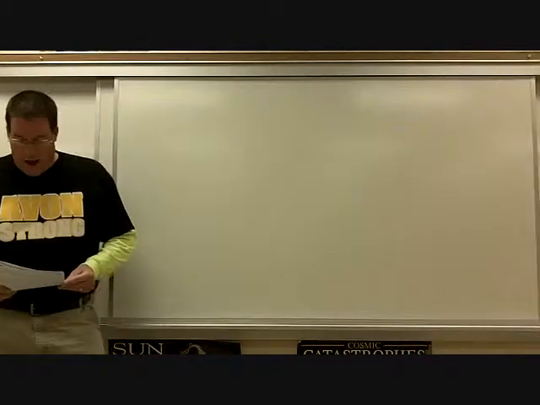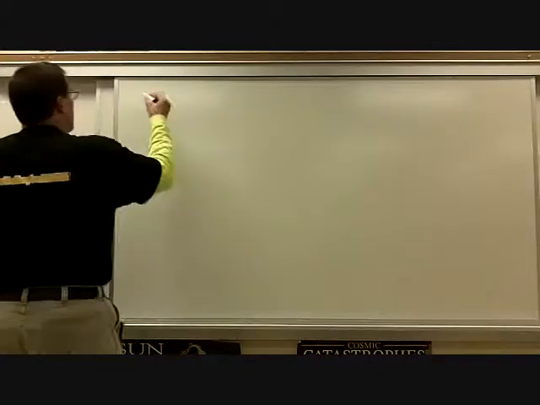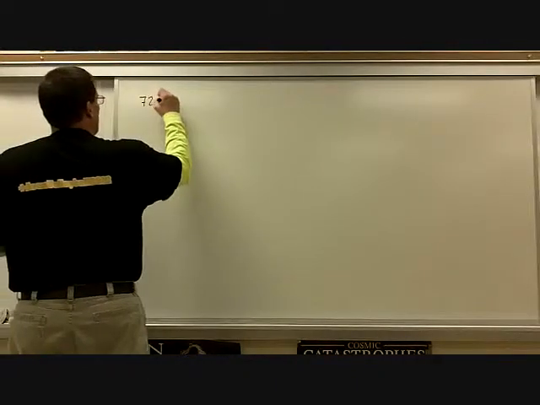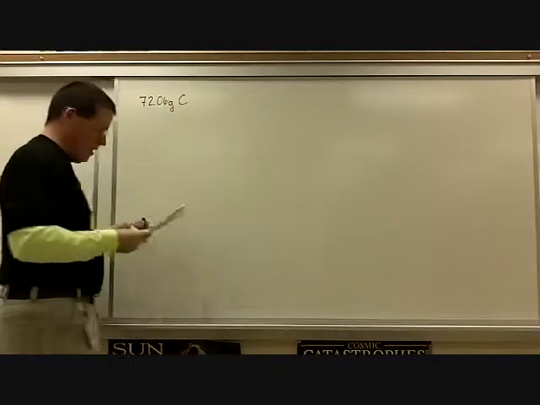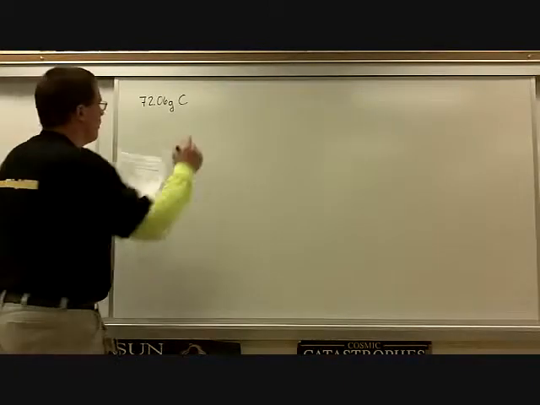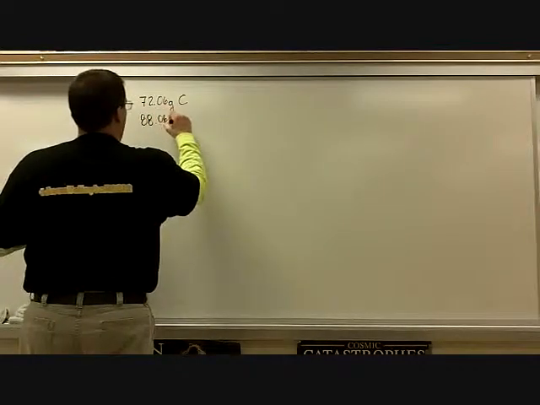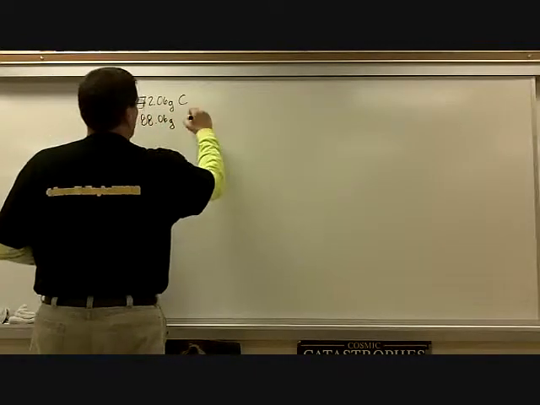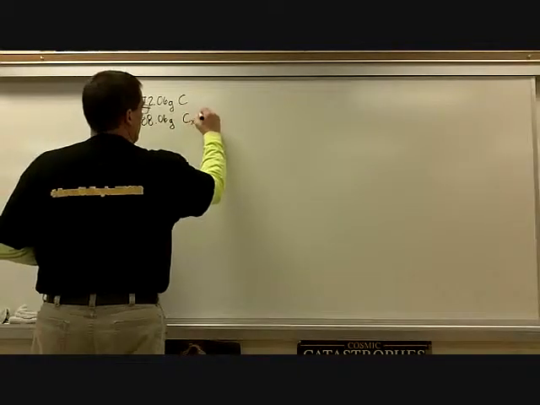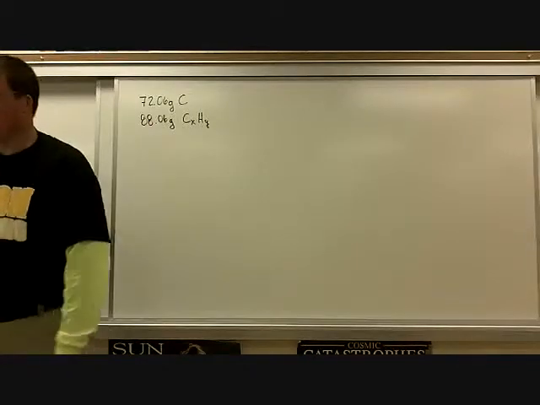When 72.06 grams of carbon reacts with hydrogen gas, 88.06 grams of propane is produced, and again, propane is made up of a carbon-hydrogen compound. He wants to know what's the empirical formula.